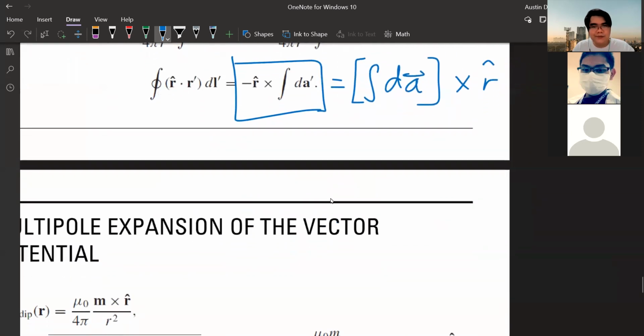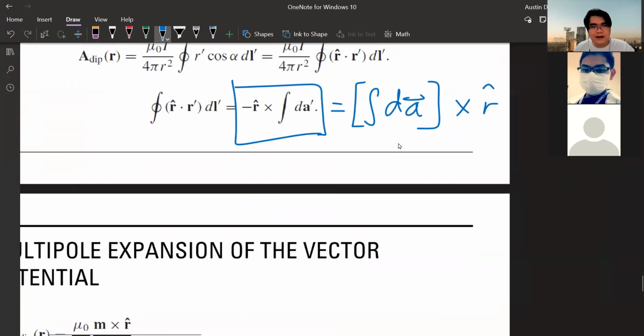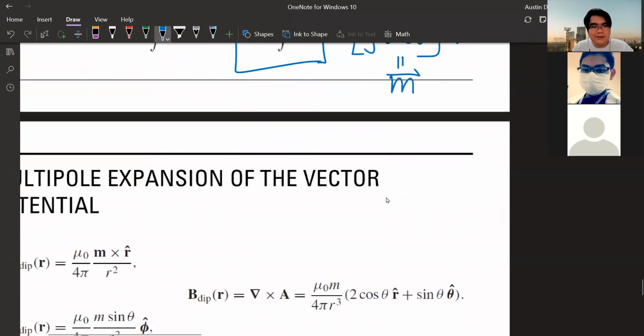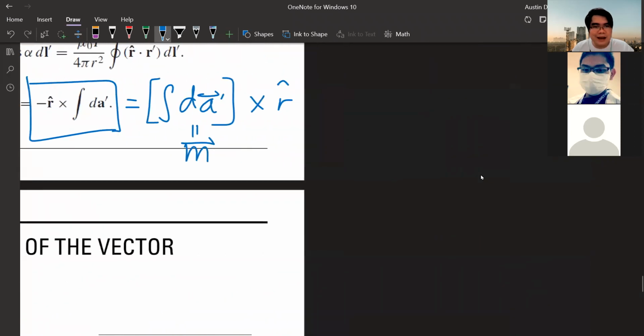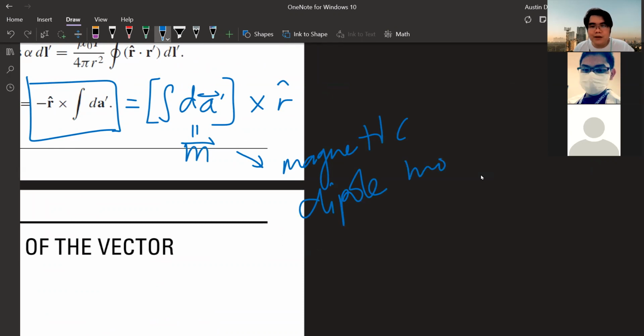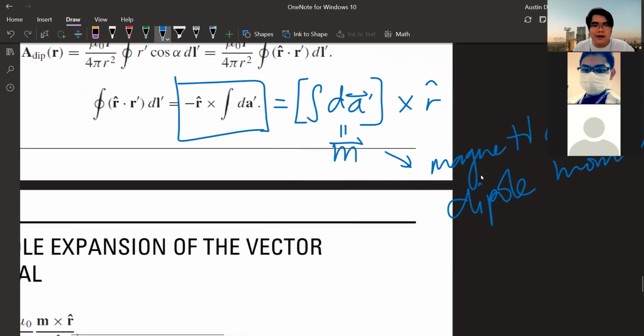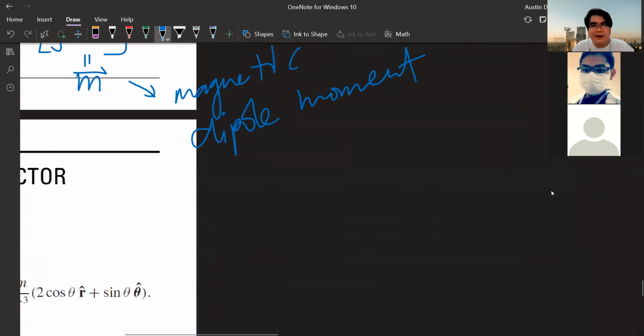Okay? Okay, and then let's write this down as m. M. Hindi n. M vector. Okay? And then yung m vector, let's call that the magnetic dipole moment. Magnetic dipole moment. Okay? Magnetic dipole moment.